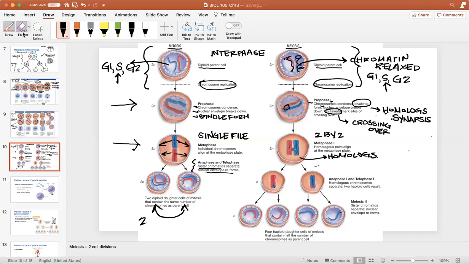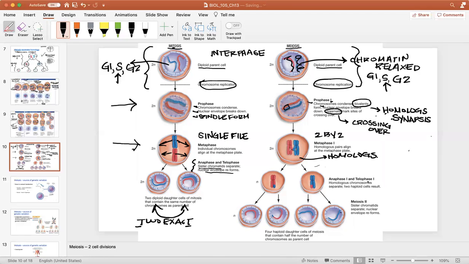Let's write that out with a T, because that's how I remember it. There's a T, and guess what? Mitosis has a T. Mitosis, 2 exact copies, okay?